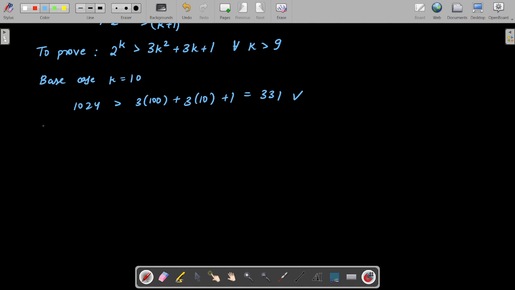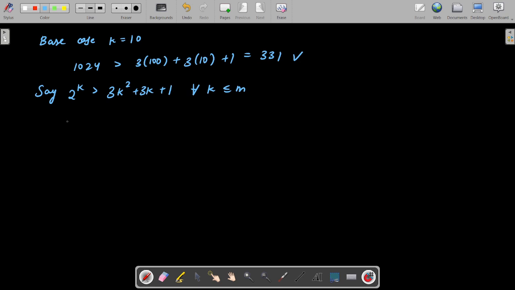Then we take the inductive hypothesis, say 2 to the power k is greater than 3k square plus 3k plus 1 for all k less than or equal to m, right? So we have 2 to the power m greater than 3m square plus 3m plus 1.